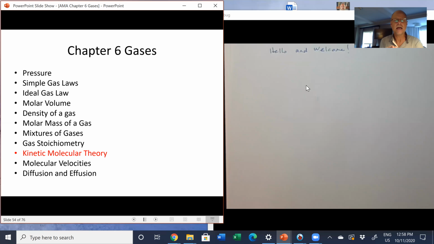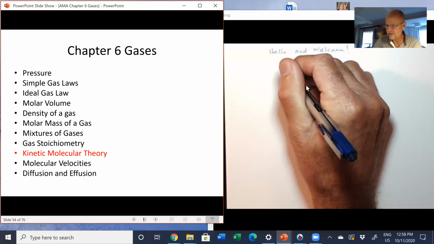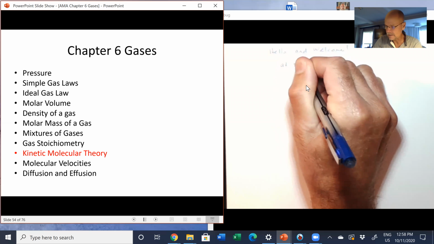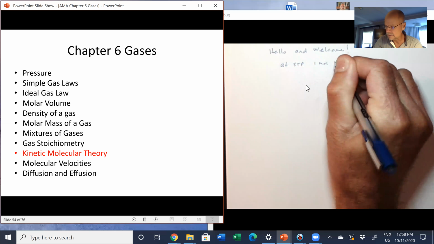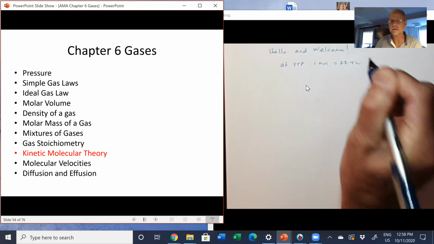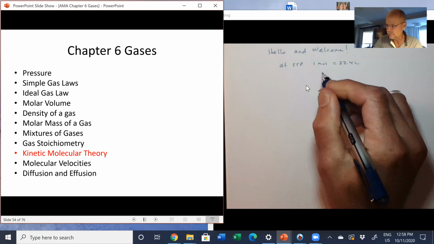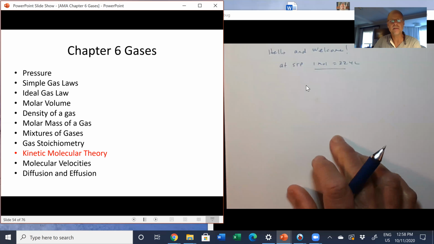And in the example, we used the idea that at STP, 1 mole is equal to 22.4 liters. So that's a good little relationship to keep in the back of your mind, all right?